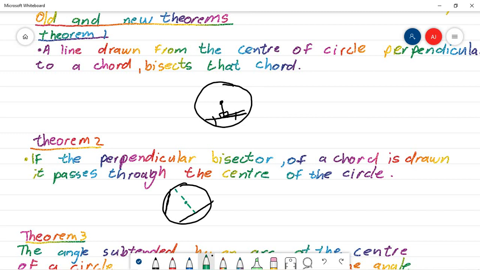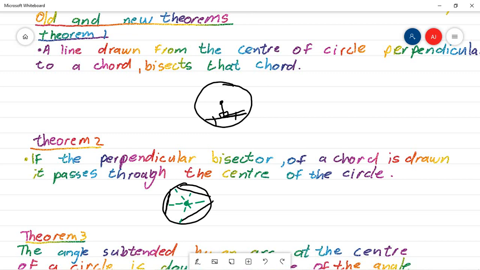Now, you can use this to establish the midpoint of the circle by drawing a few chords in, and then you can try to draw the perpendicular bisectors. And where they overlap, that will be the midpoint of your circle.